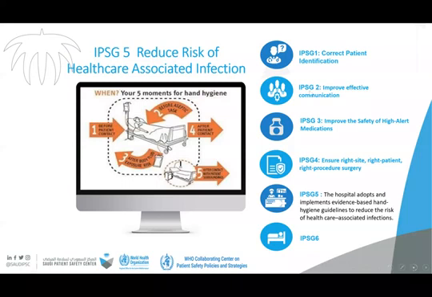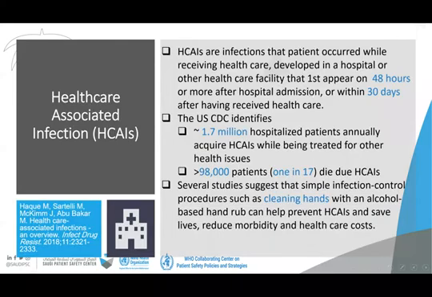A healthcare associated infection is any infection developed by a patient hospitalized, within 48 hours of admission or after discharge, up to 30 days post-discharge. For example, you operate on a patient, cesarean section or whatever, she developed a wound infection after 14 days, it will be considered a healthcare associated infection.